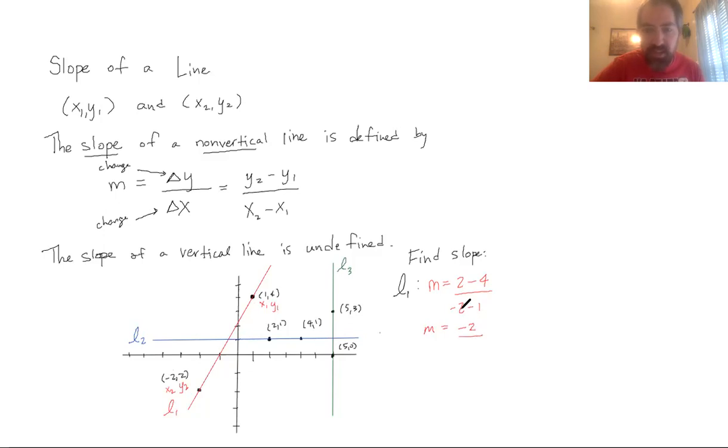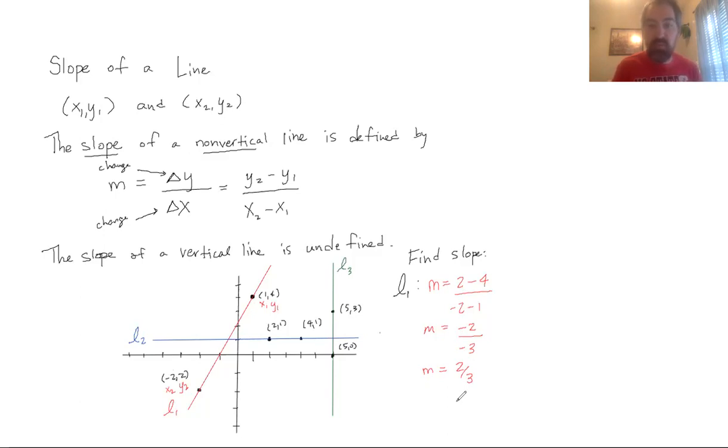And in the denominator, -2 minus 1 is -3. And -2 divided by -3 simplifies to a positive 2/3. All right, so this slope is a positive 2/3.